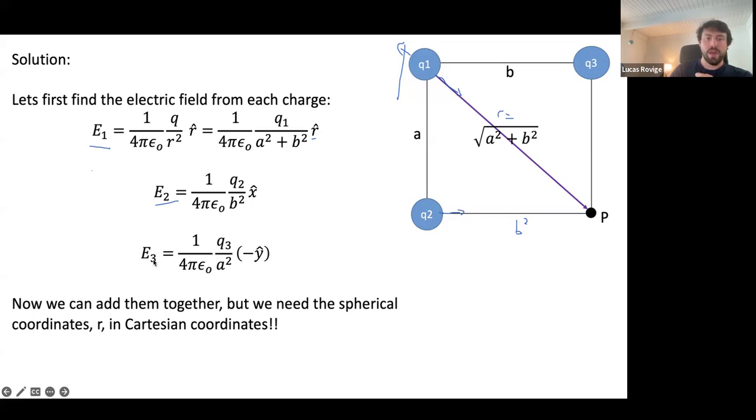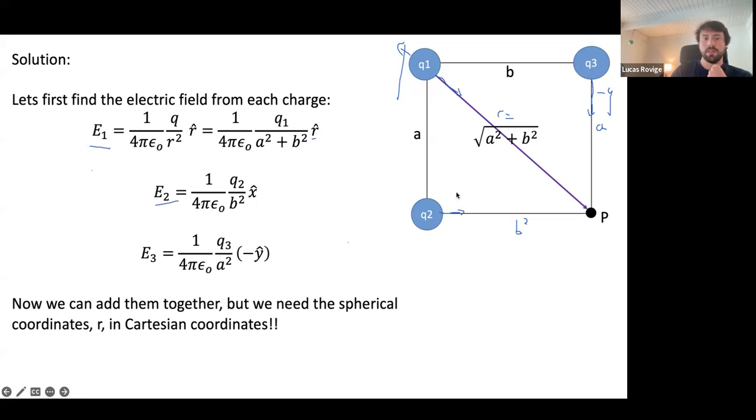And if we look at E3, it's 1 over 4 pi epsilon 0, the charge Q3, divided by the distance A square. Now the direction is minus y, assuming y is going in the positive direction. So now we have the 3 single contributions, and we can add them together to get the total electric field at this point P.